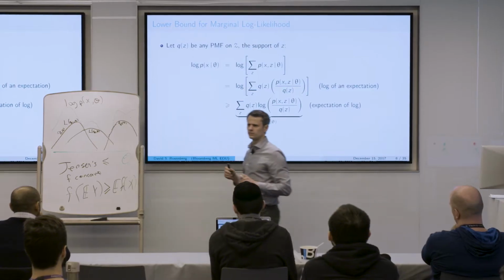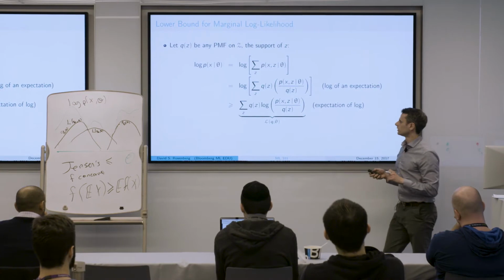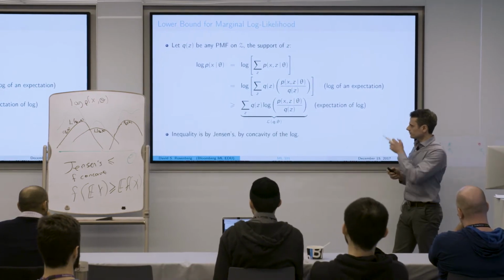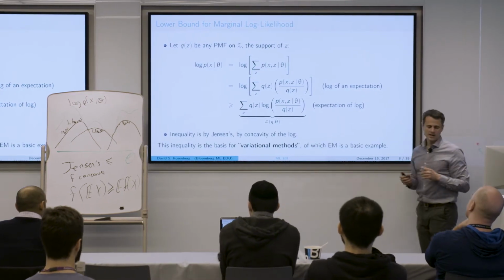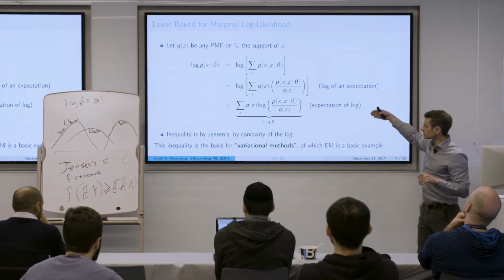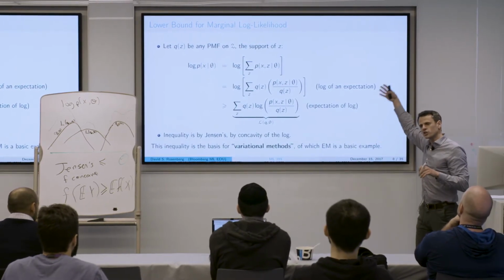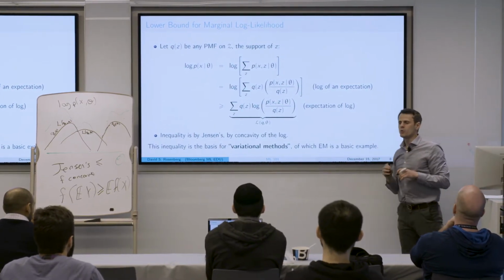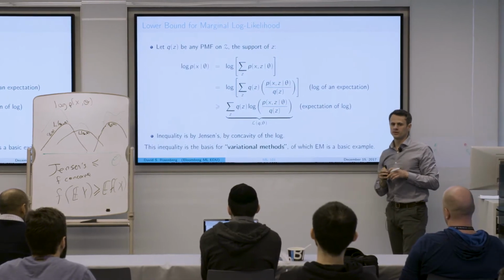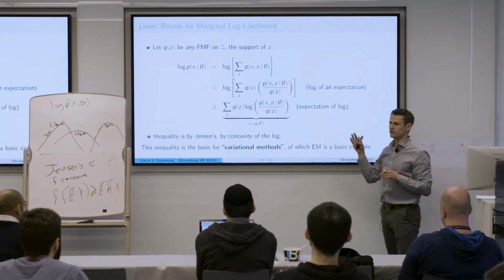Is that clear? All right. And as I mentioned, this exact inequality, what we just worked out, you'll see so many times. Every time you read a tutorial on some kind of variational method, this will be there.